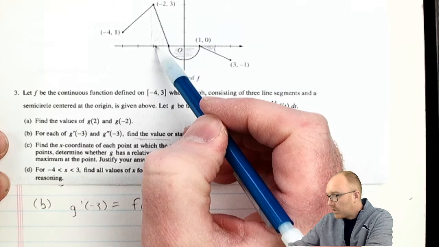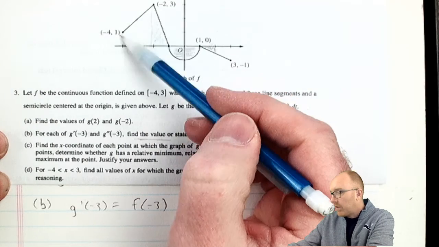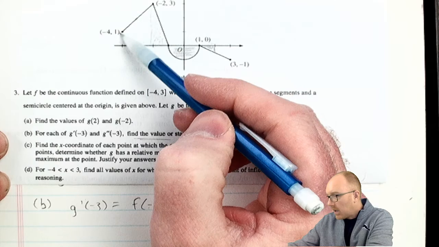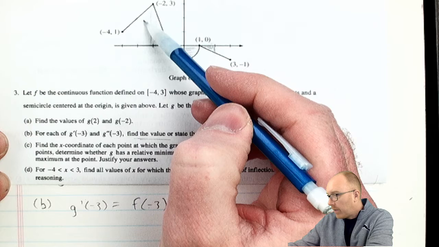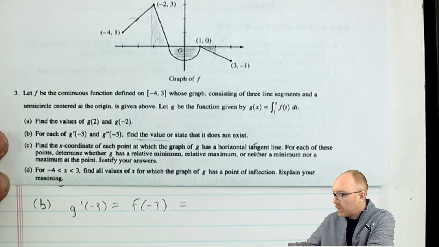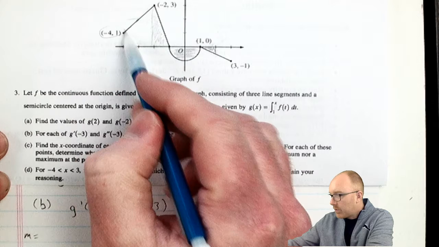So 1, 2, 3. -3 will be on here. And because this information is going to be relevant, I'm going to use the slope formula to figure out the slope. Because if you know this slope, then you'll know how much we are going down, how much we are going over. We can get the exact y value there. All right, so let's use a little bit of slope formula here. The slope in that region is going to be, I'm going to take this point to this point.